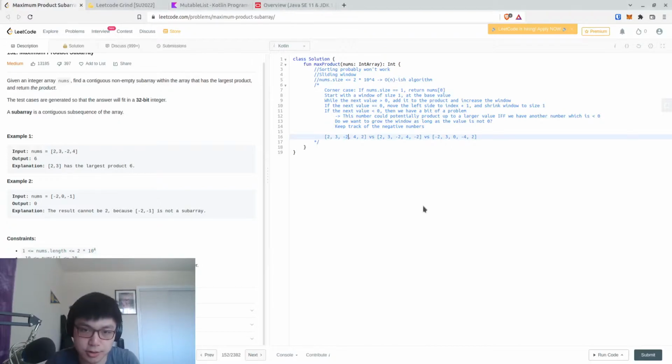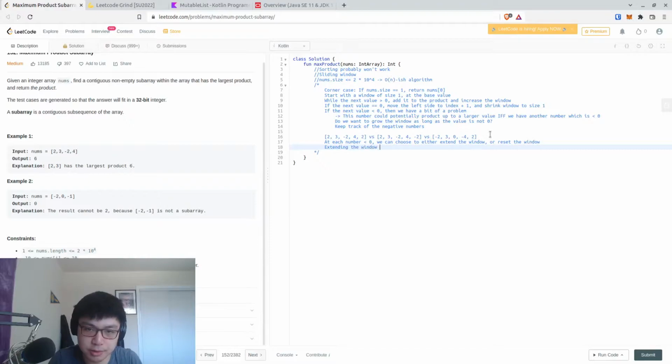Because here we can choose, right? At each negative number, we can choose to either extend the window or reset the window.